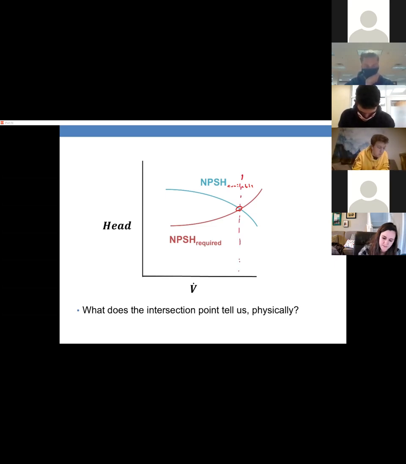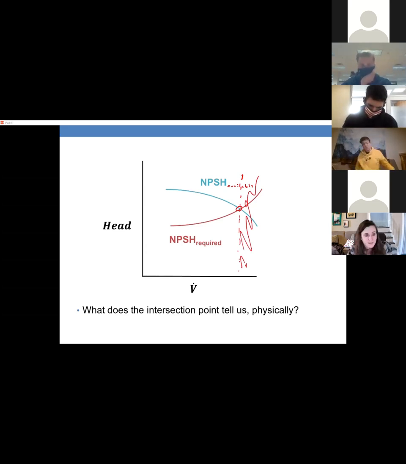Dr. Nicholson, I have a question. Yes, Rankin. So wasn't the NPSH equation derived based off the fact that it's going to be a positive number as long as the inlet pressure is greater than the vapor pressure? Yes, it is.